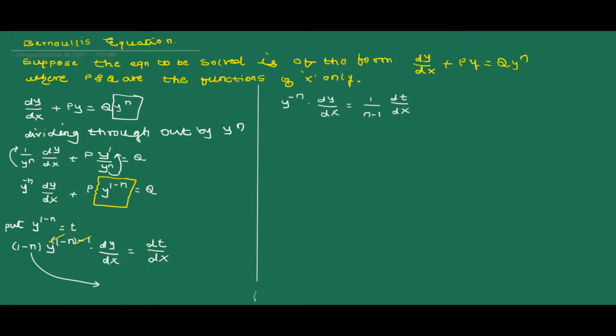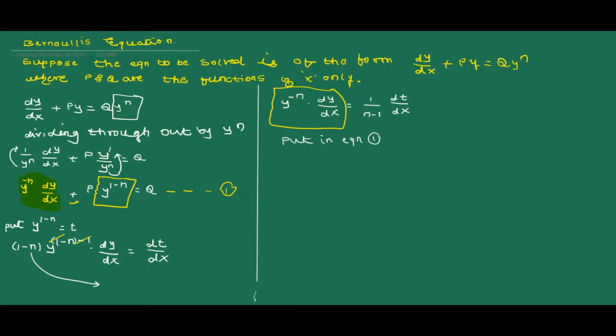You have to substitute this value of y raised to minus n into dy by dx here. Here in equation, I will write, that is equation number 1. You have to substitute here, that is y raised to minus n into dy by dx. So substitute in equation 1.